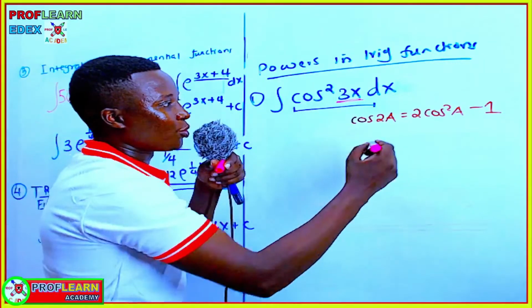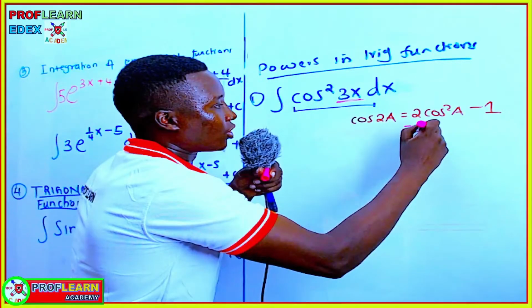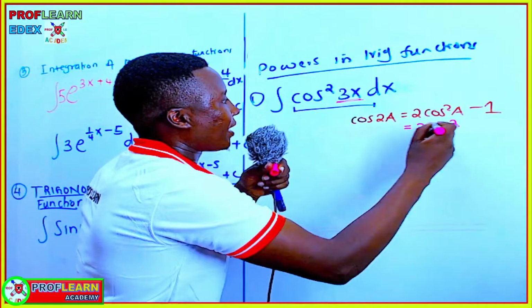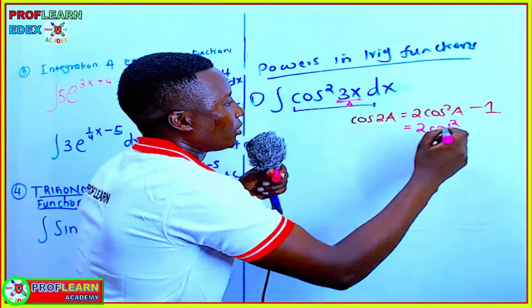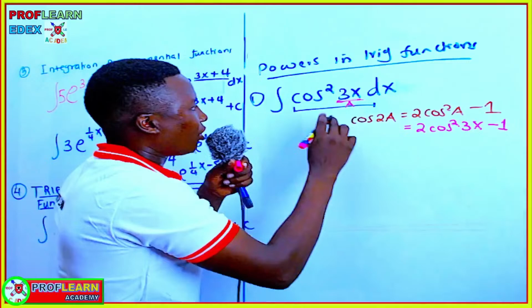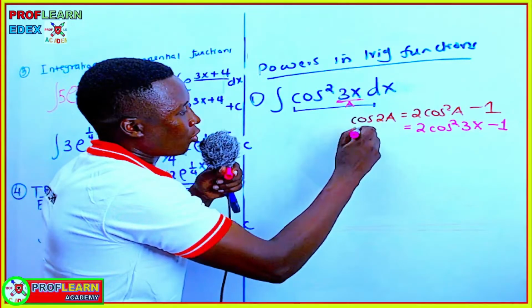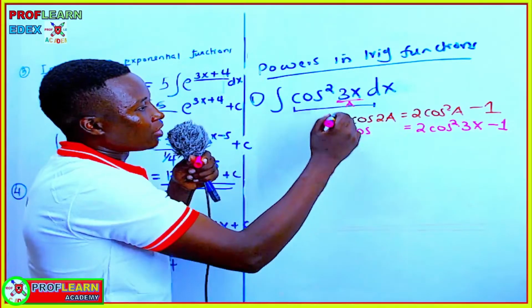So we are going to write here 2 cos squared a, but our a here is going to be 3x. On this other side, we're going to have cos of 2 times a.